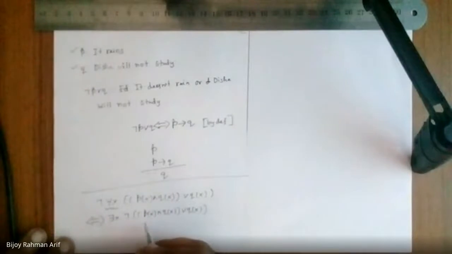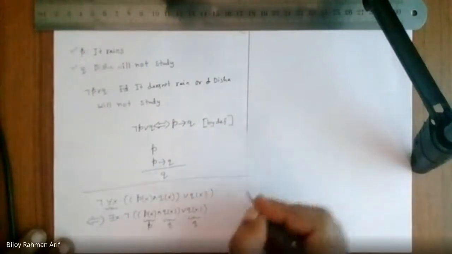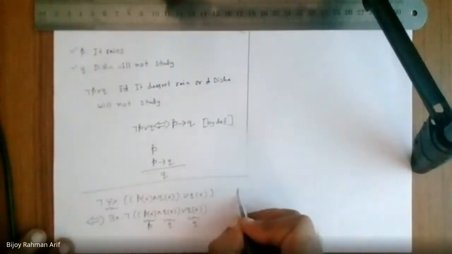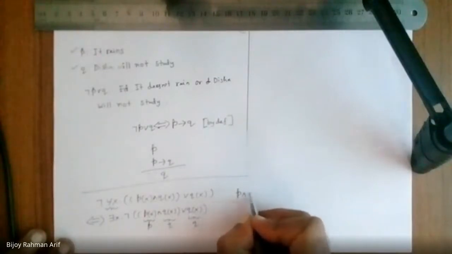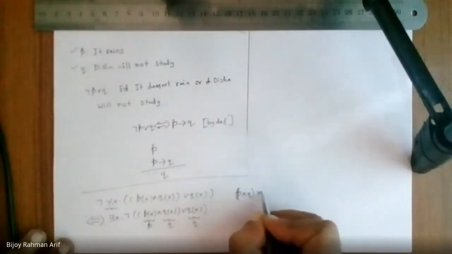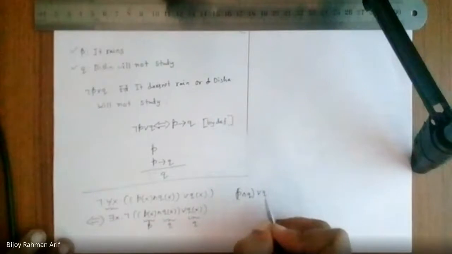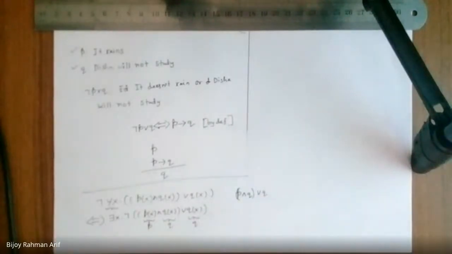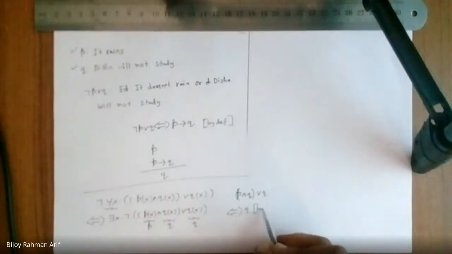So if you consider this one P, this one Q, this one also Q, it is nothing but P and Q or Q. So what can you apply here? Using absorption, we can write Q. Do you agree with me or not? Yes, sir.